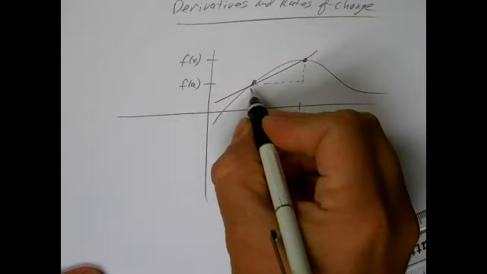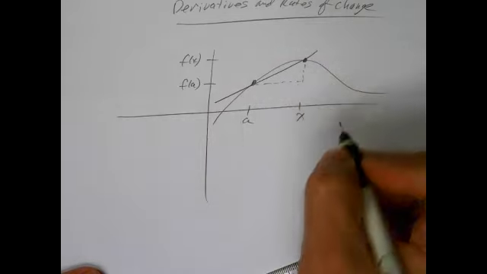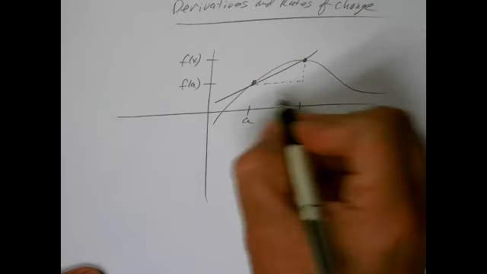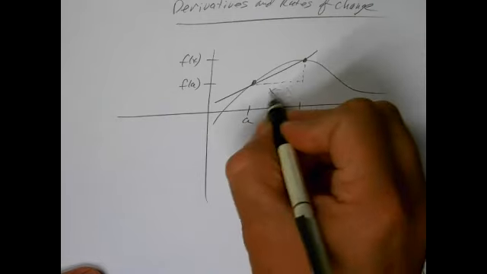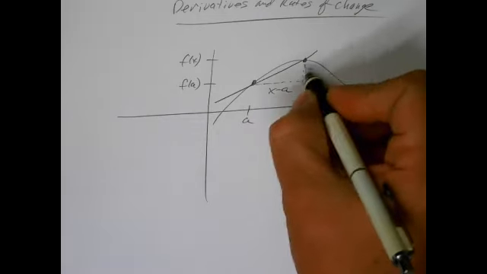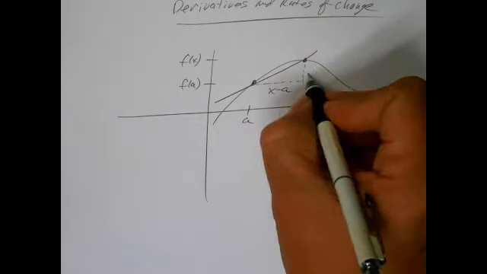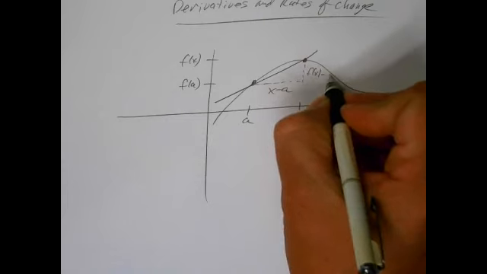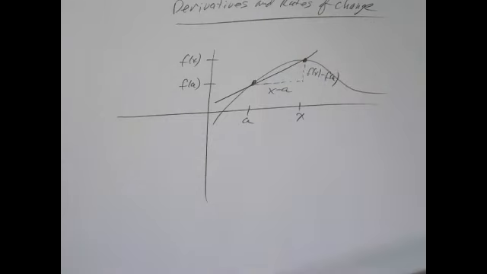Our horizontal distance here, again, is commonly called run, and the distance traveled here would be x minus a. And the rise, which is the vertical distance here, would be f of x minus f of a, which again is just another way of referring to our y values.